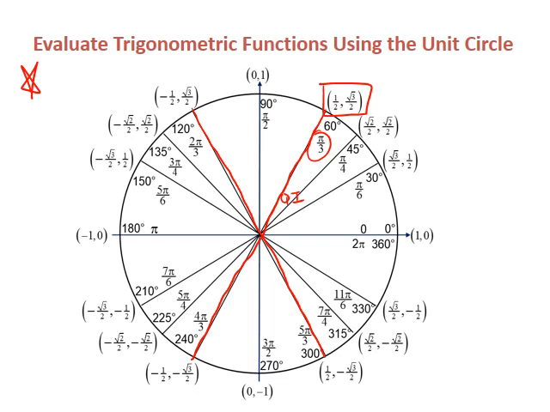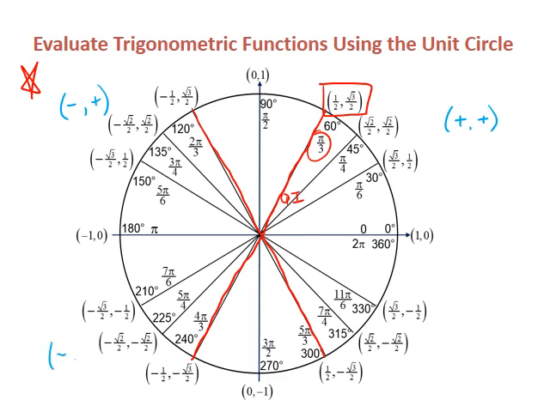You may recall from your algebra courses that anything in the first quadrant has x and y coordinates that are both positive, and you can see here that all of these coordinates are positive. In quadrant 2, over here, the x coordinate is negative and the y coordinate is positive. You can see how that's illustrated with the ordered pairs associated with these trig values.